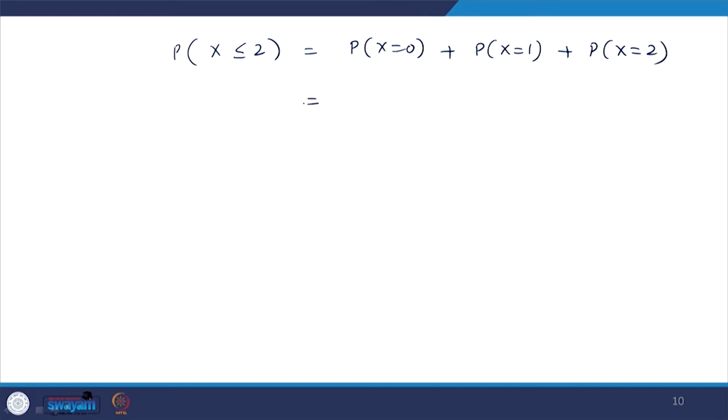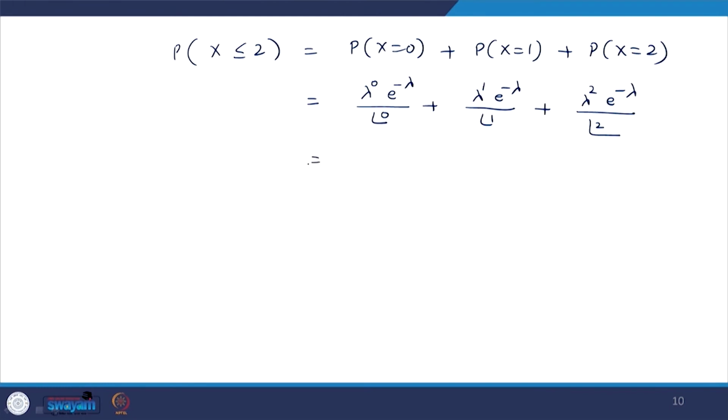So, we know that for Poisson distribution it is lambda raised to power x, so x is 0, into e raised to power minus lambda upon factorial x, plus lambda raised to power 1 e raised to power minus lambda upon factorial 1, plus lambda square e raised to power minus lambda upon factorial 2.